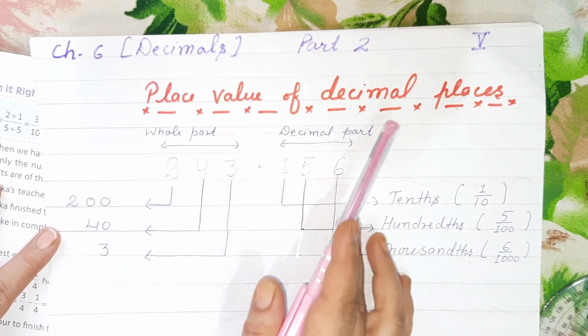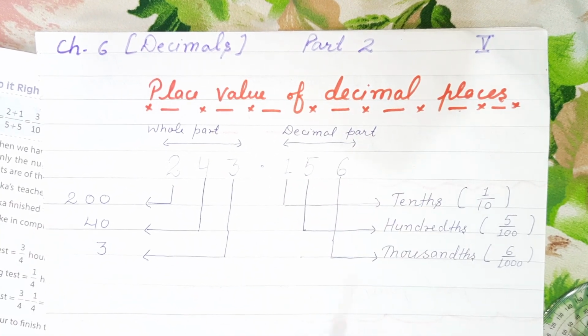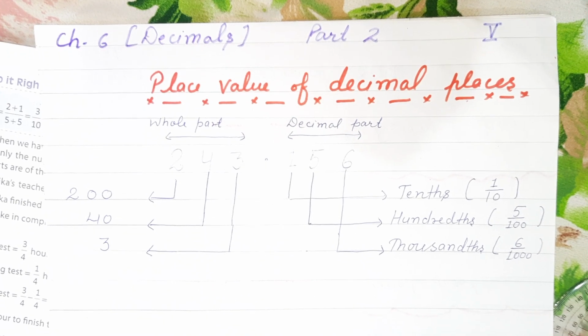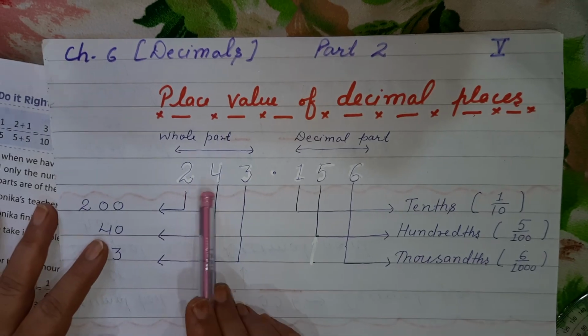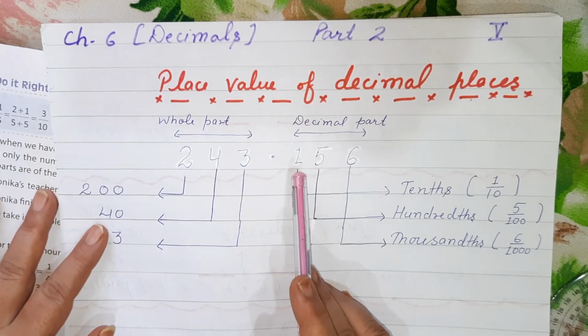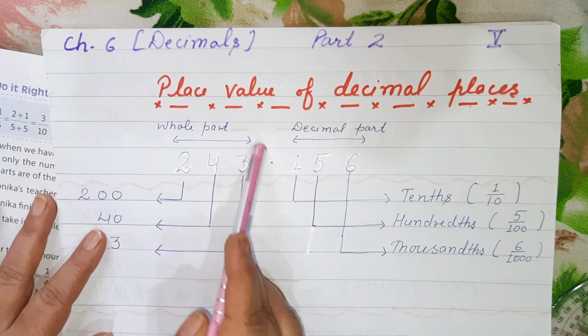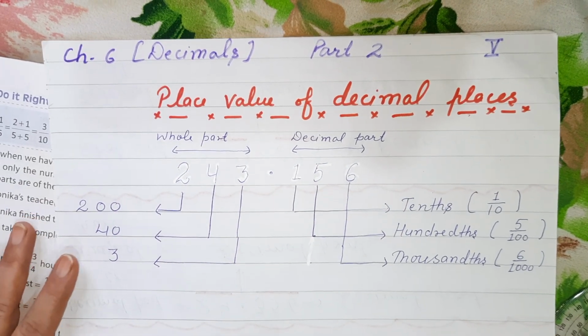Place value of decimal places. Students, how do we find the place value of decimal places? See the number 243.156. This is our whole part and this is our decimal part.